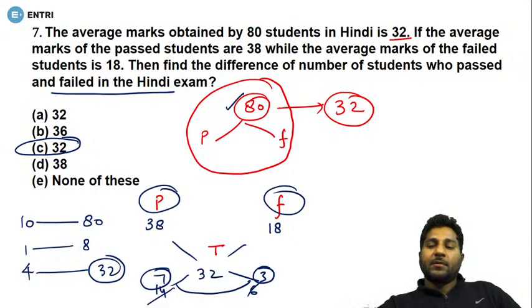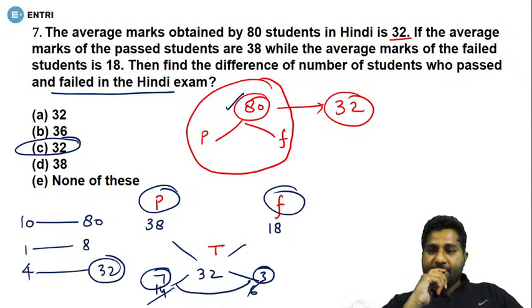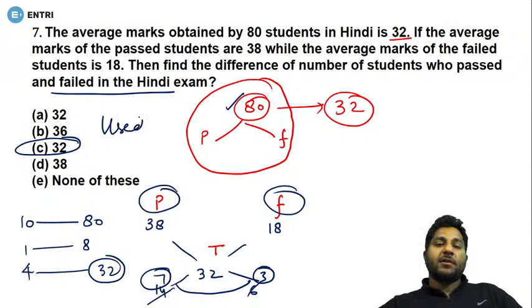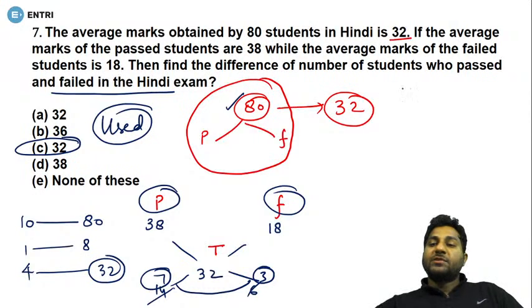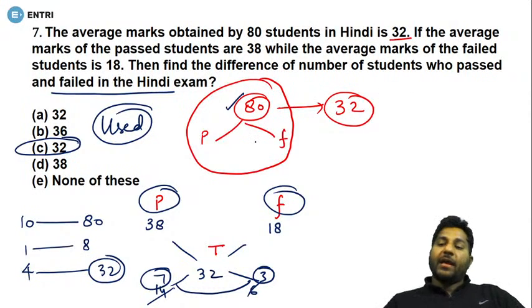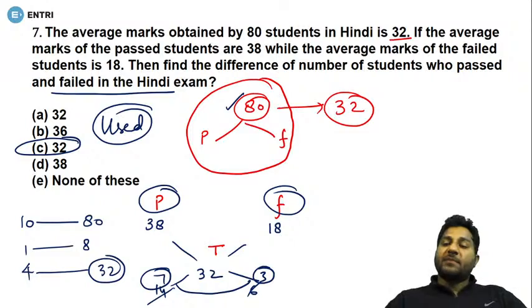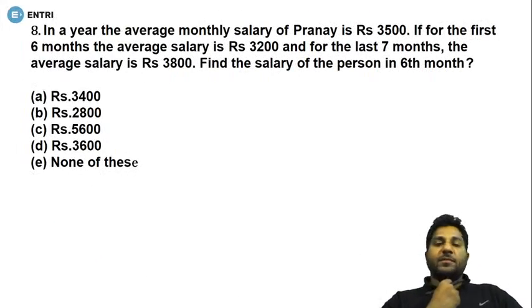Come on, everyone. Did you get the concept? Look, the question is important. I have used allegation, and by using allegation we can reduce the calculation. Look, skipping of the steps is important in this question. Okay, so let's solve the next question.